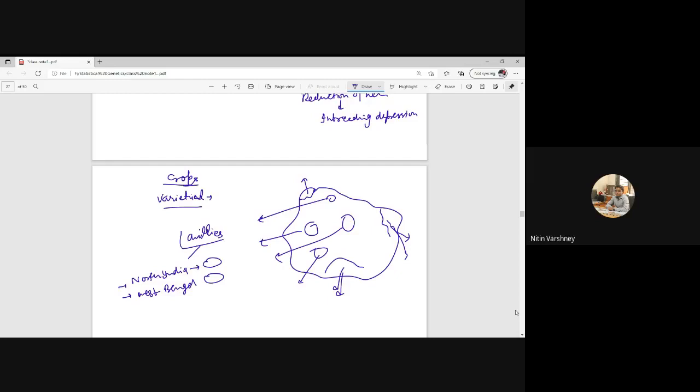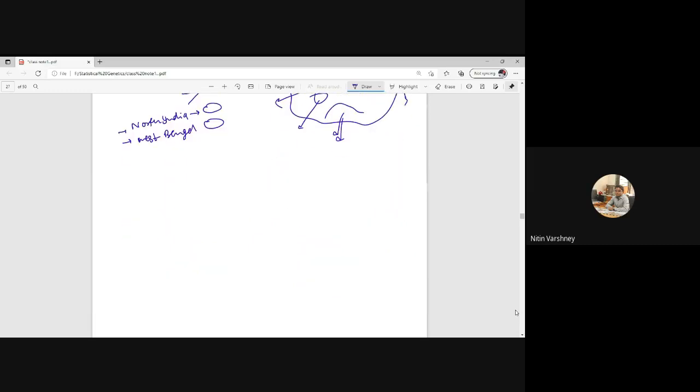So this is the background of inbreeding: due to selfing or other means, the heterozygosity will reduce from generation to generation. This is known as inbreeding. It is a mating system in which individuals are more closely related to each other than the average population.